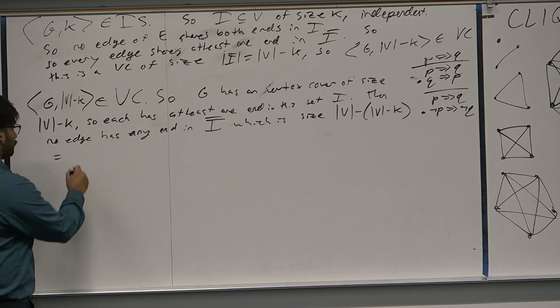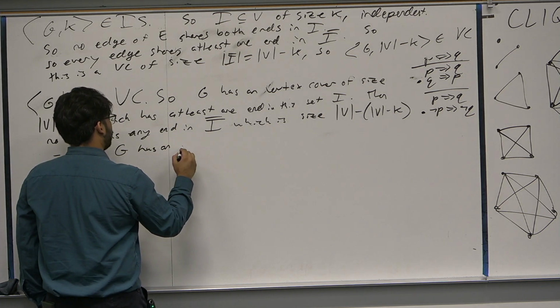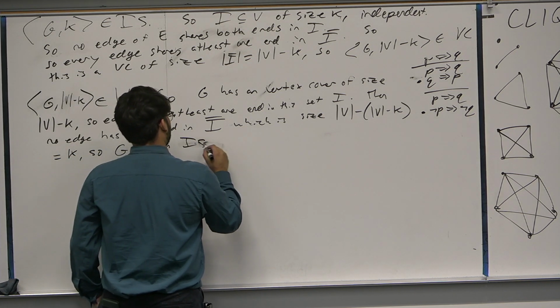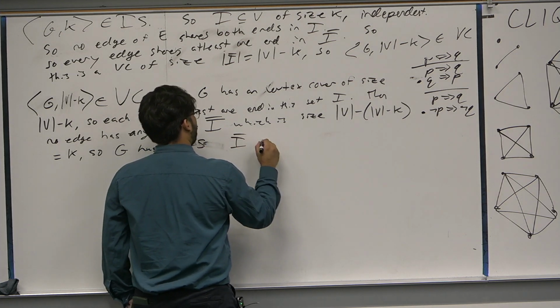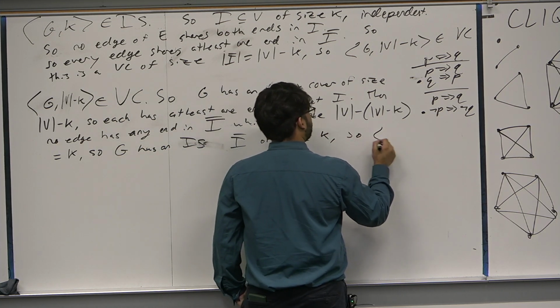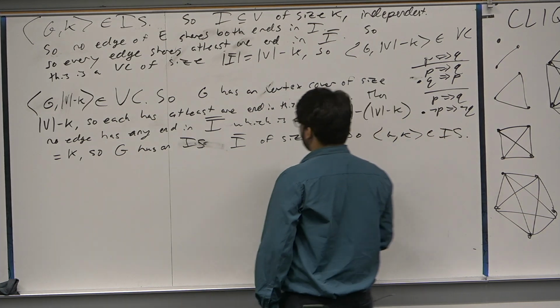K. Yes. So G has an independent set called I complement of size k. So G comma k is an independent set. Done. QED.